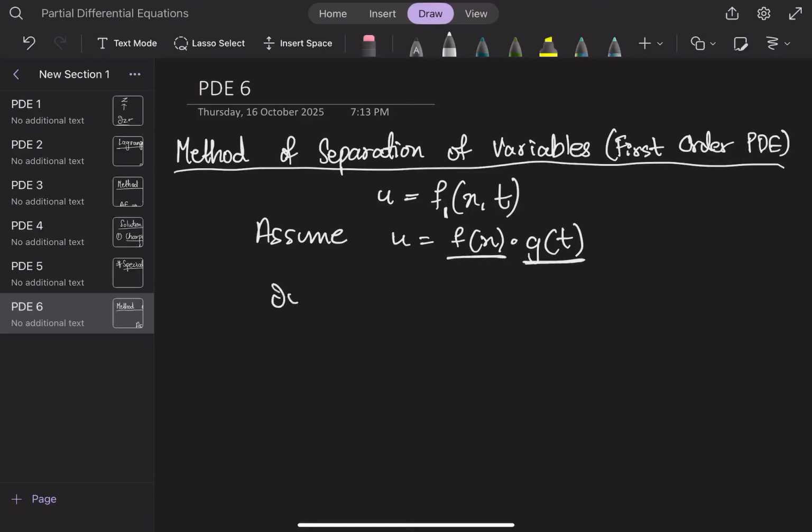So when you write ∂u/∂x, we are basically only differentiating f, because g(t) is a constant as the partial differentiation is being done with respect to x. If you are differentiating a single variable function, you do not need to write ∂/∂x. You can simply write d/dx as there is only one variable.